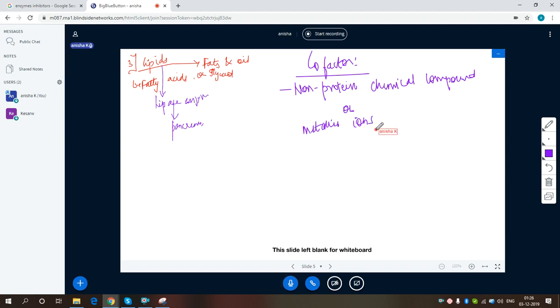So they need a metallic ion or a compound required for an enzyme's activity, right? These cofactors can be considered as helper molecules.